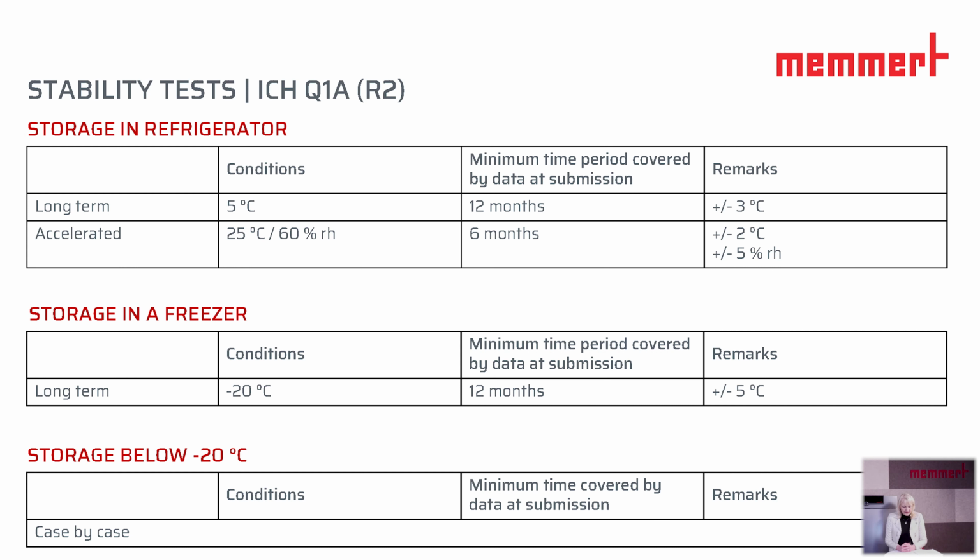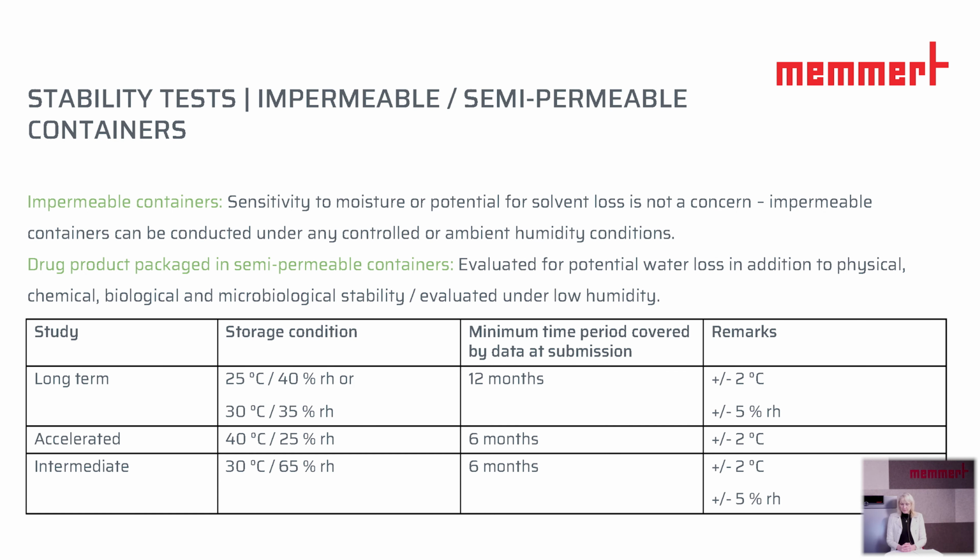Then we have the testing in regard to impermeable and semi-permeable containers. That is the sensitivity to moisture or potential for solvent loss. That is the concern here, and that means if the product is packed in impermeable containers, the testing can be done under any controlled ambient humidity conditions. If we go for semi-permeable containers, that means it allows some material to pass through but disallows other material, and that is for aqueous-based products packed in semi-permeable containers.